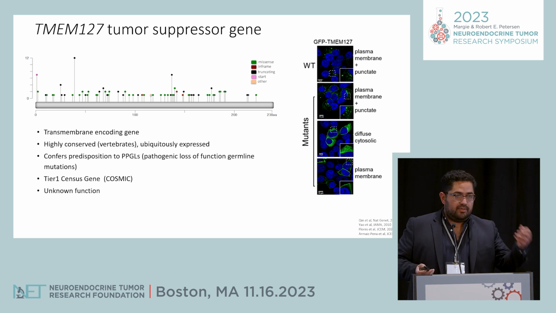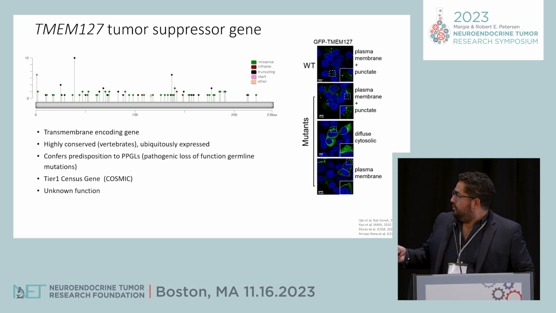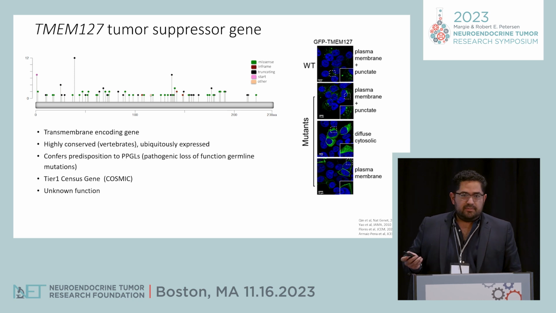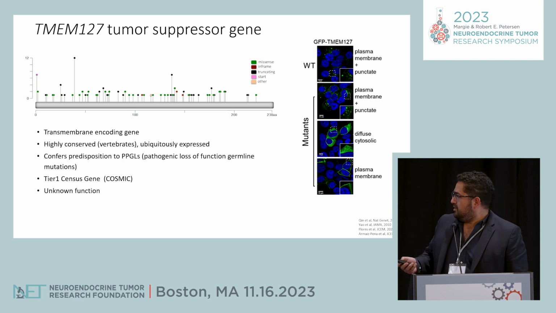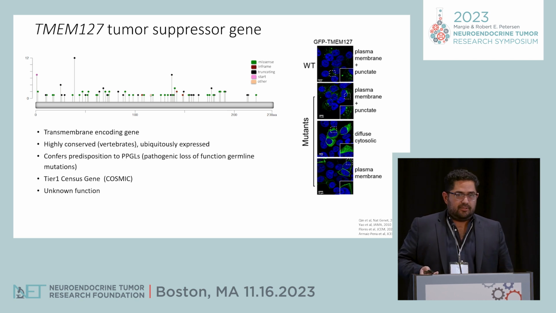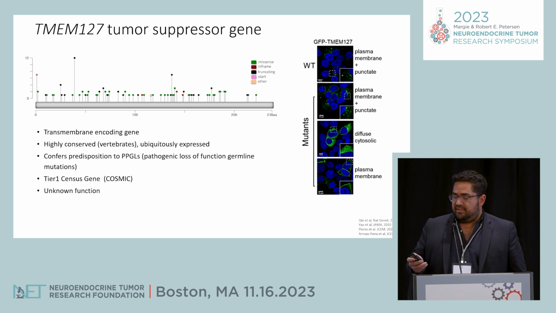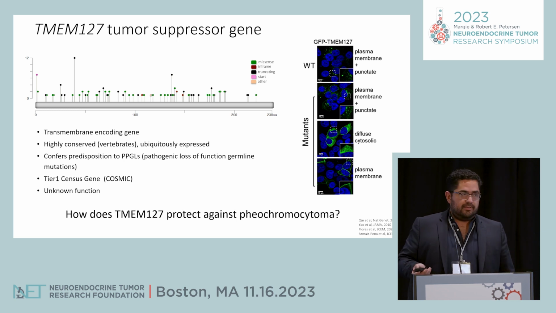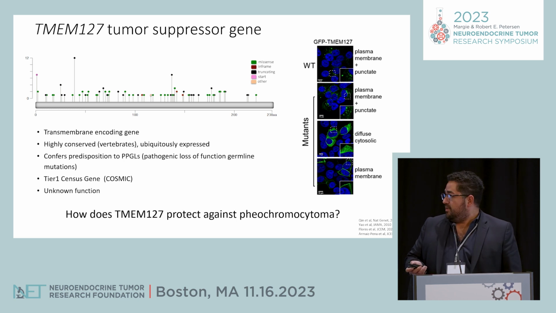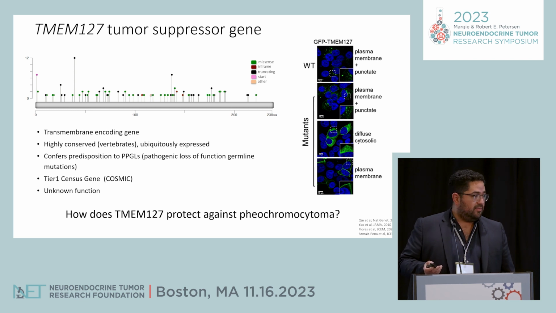What we have shown is that compared to wild-type TMEM, mutant TMEM seems to lose its wild-type distribution, which suggests to us that part of the tumor protective role of TMEM lies in its endomembrane trafficking properties. But again, this is just an observation based on what we see in its distribution, which really motivated us to ask, how does TMEM protect against pheochromocytoma?